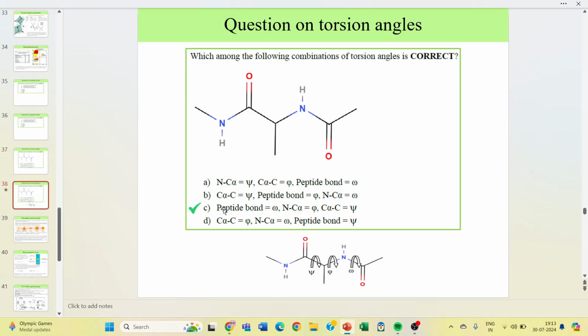So the peptide bond is omega, C alpha and C is psi, and N and C alpha is phi. Yes, this statement is wrong because N-C alpha should be phi.